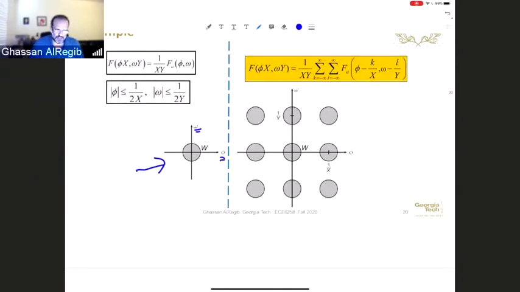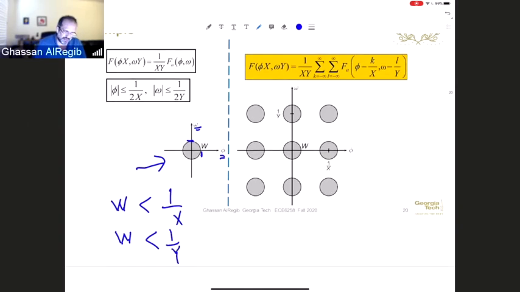Now I have a specific condition here, which is that the maximum on the phi axis or the omega axis is W, this W here. And this W is much less than both 1 over X and also 1 over capital Y.